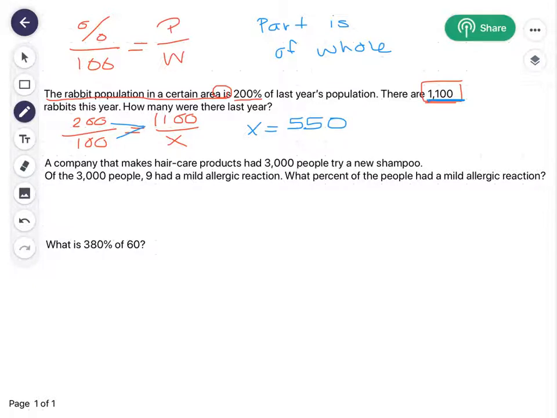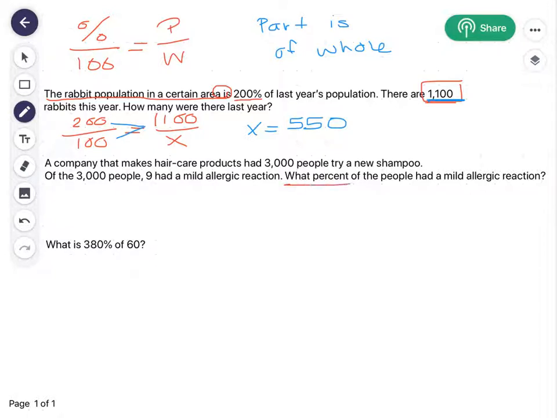So if we look at the next problem, it says a company that makes hair care products had 3,000 people try a new shampoo. Of the 3,000 people, 9 had a mild allergic reaction. What percent of the people had a mild allergic reaction?